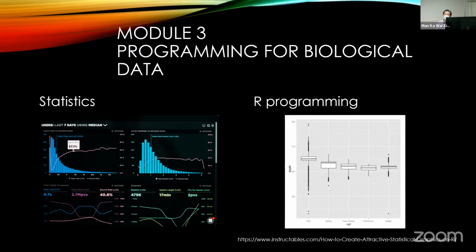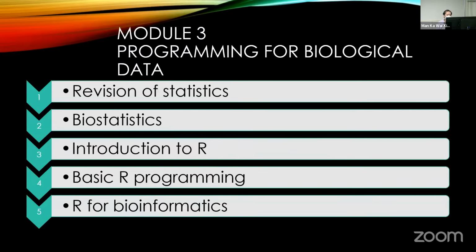R programming is also very powerful in drawing graphics, helping you to visualize your results. That's also an advantage of R programming. So in this module, all this will be covered from the very beginning.